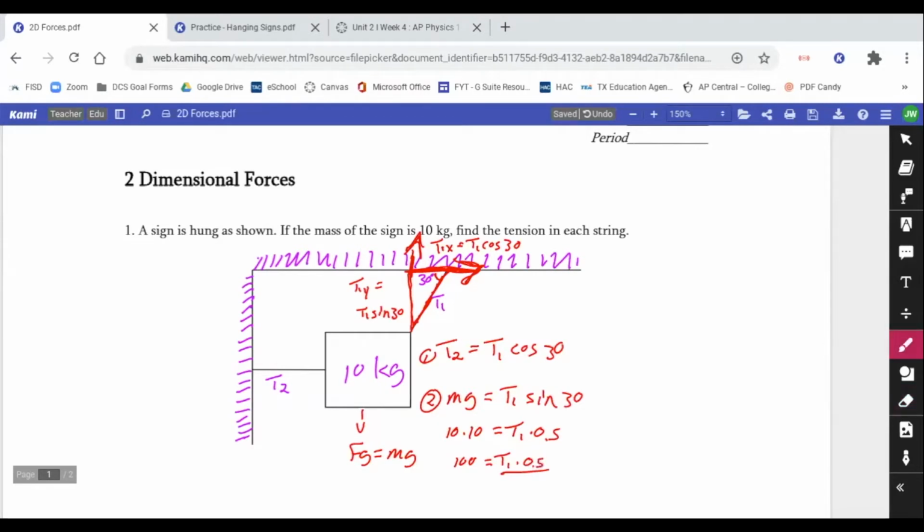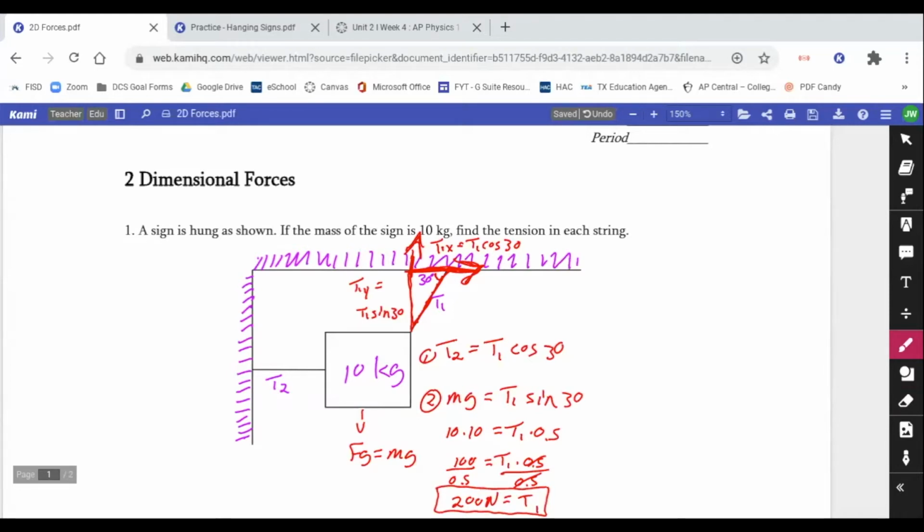If I divide both sides by 0.5, that cancels on the right, you guys know that part. And 100 divided by 0.5 gives me 200. 200 newtons is equal to T1. Not too bad. We can handle this stuff.